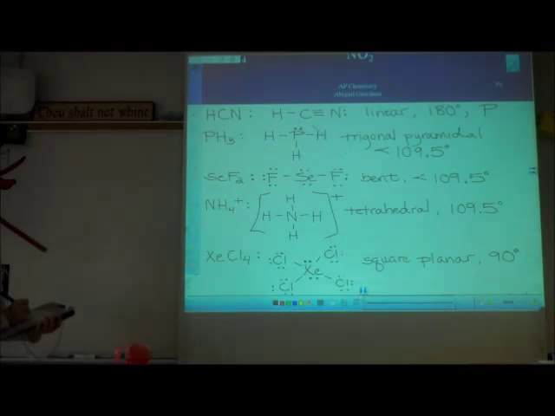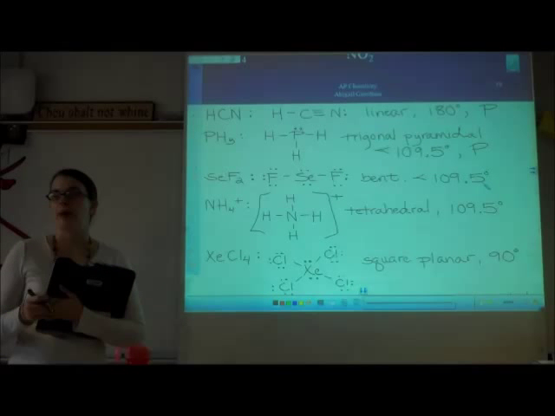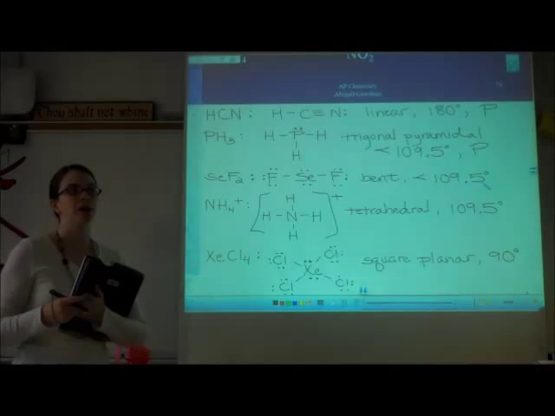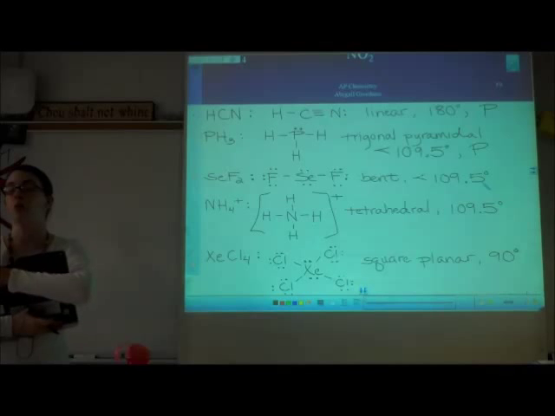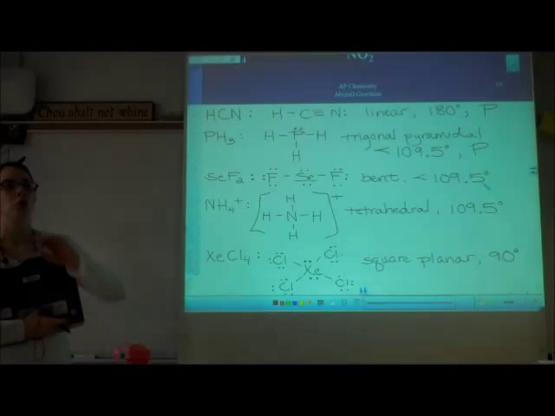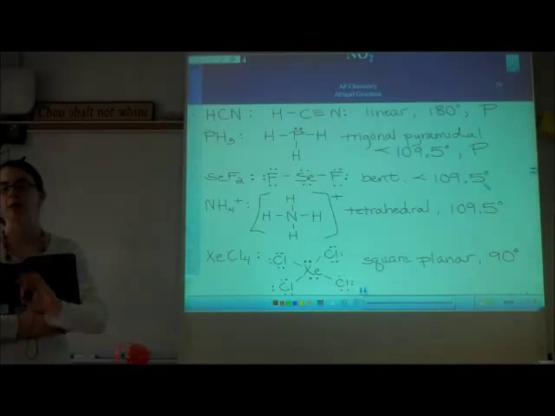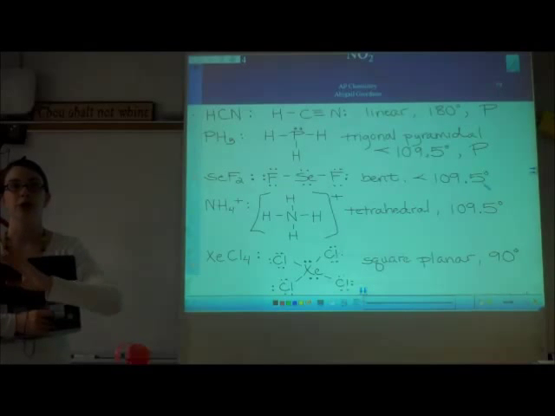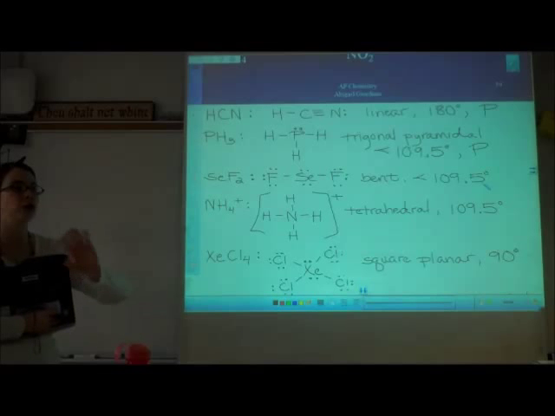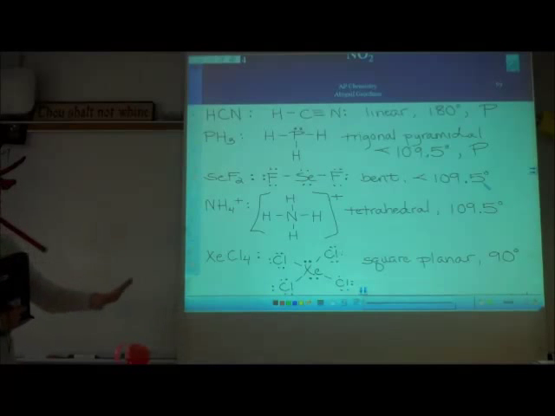How about the next one? Polar or non-polar? Polar. Folks, if you go back to the beginning of this chapter, there are some shapes that no matter what the atoms are, will always be polar. And anytime you see the word pyramidal, trigonal pyramidal, square pyramidal, whatever, anything pyramidal, always polar, no matter what.